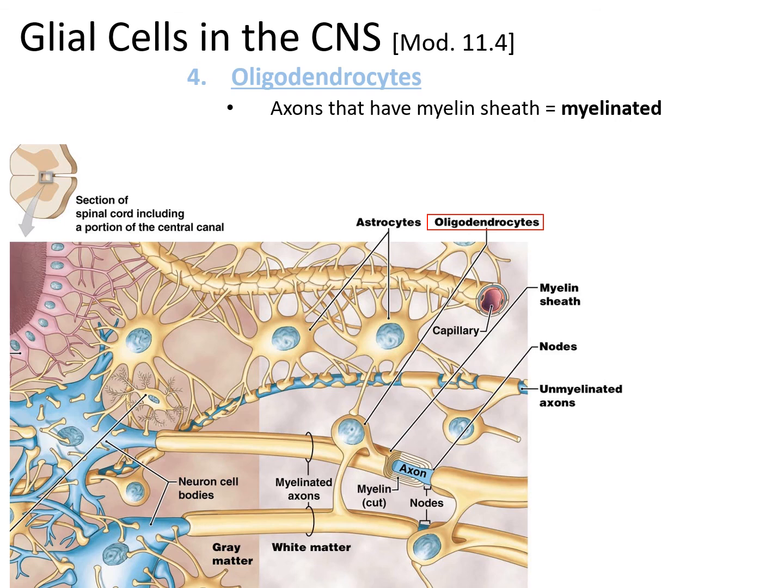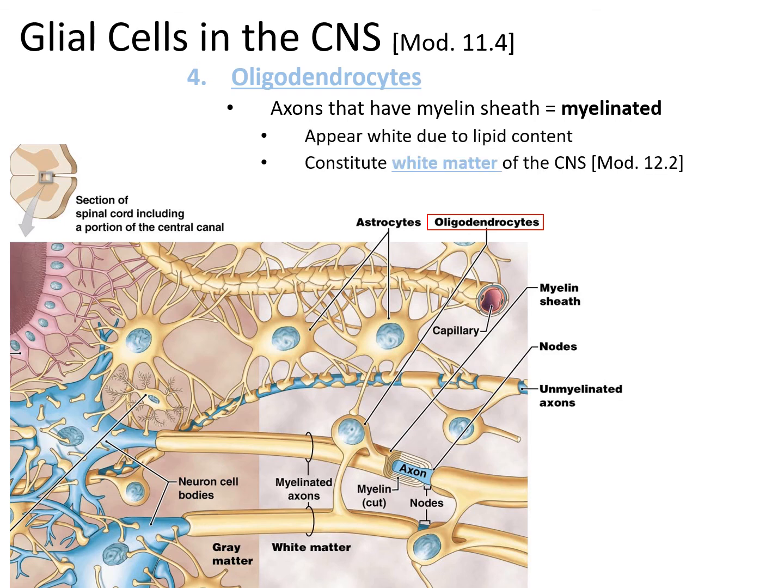The final glial cell in the central nervous system are the oligodendrocytes. We've talked about these before. These are the myelinating cells within the CNS. Unlike the Schwann cells, oligodendrocytes can insulate multiple axons at the same time.